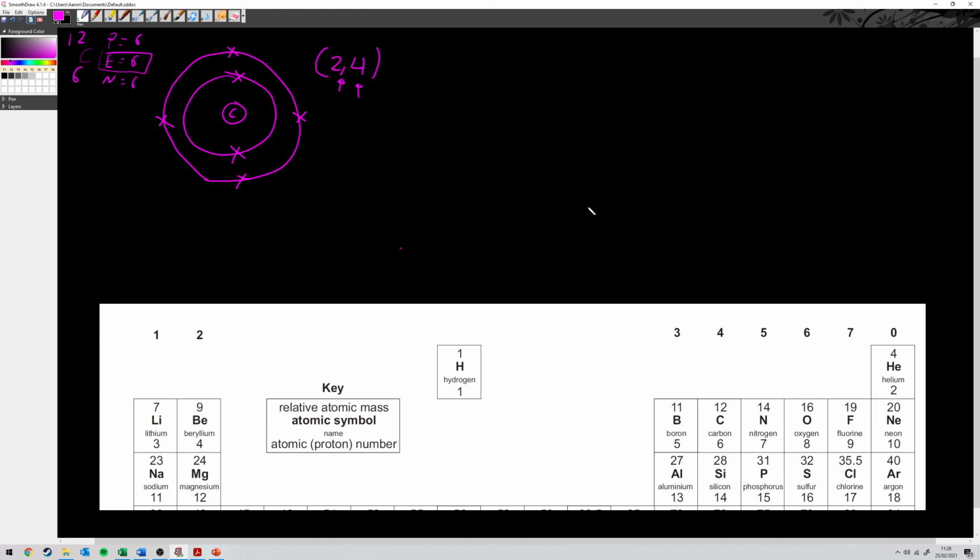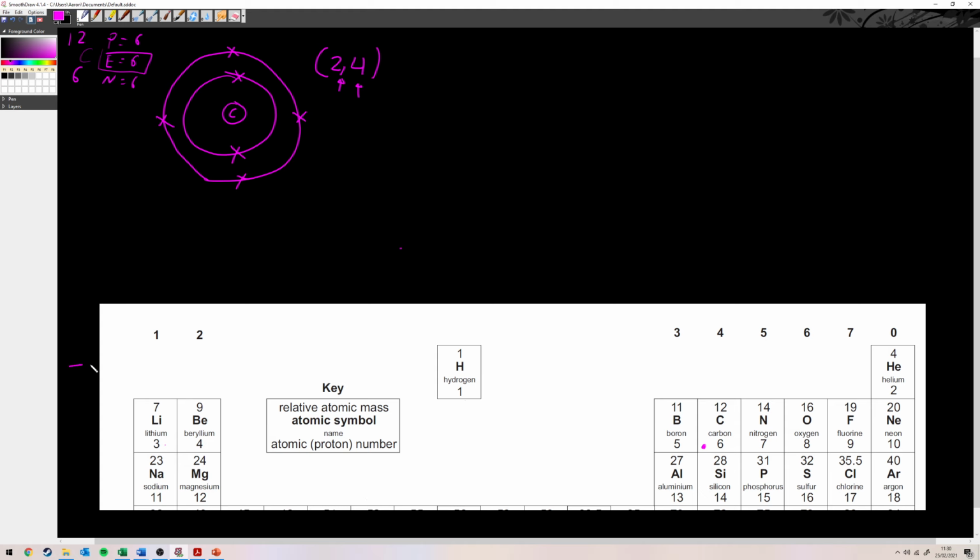But let's say I wasn't sure how many electrons carbon had, and I needed to figure it out, and my brain's gone completely blank and I've completely forgotten all the rules. So what I'm going to do is count along my periodic table, because we know that hydrogen has got 1 electron, helium's got 2, lithium's got 3, 4, etc., because of the way the periodic table is ordered.